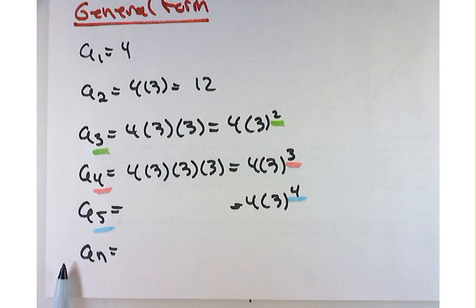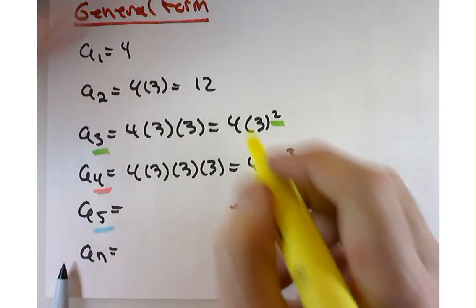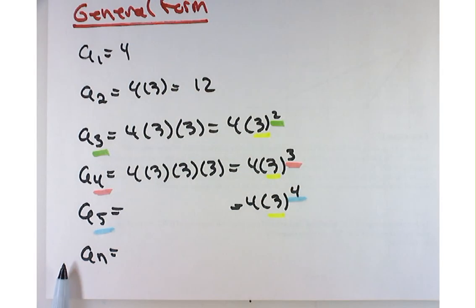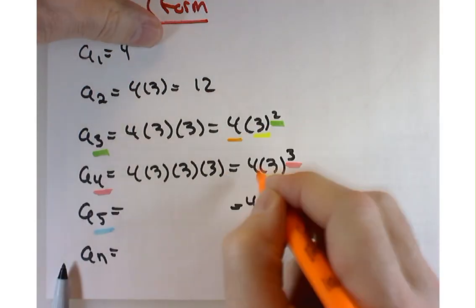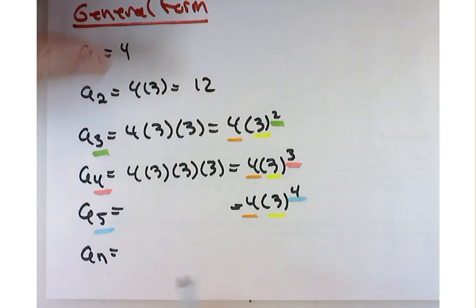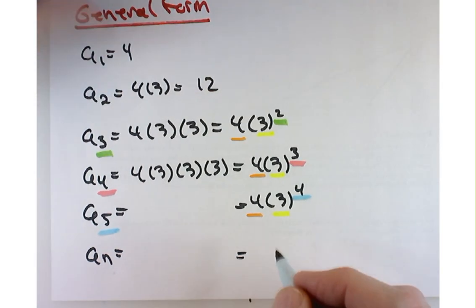Now there's other things in this that kind of stay the same, like 3 stays the same in all of these. Or 4 stays the same in all of these. But some of these things are changing along with your subscript. So what's the general term going to be?